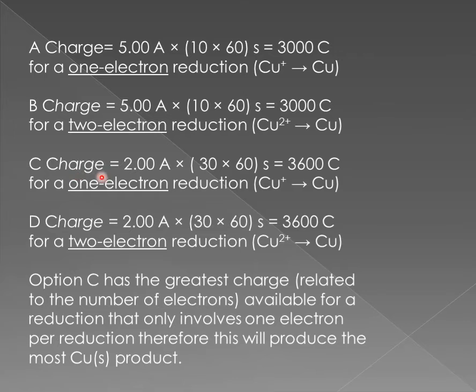And then if we use 2 ampere times 30 times 60 seconds, that is 3600 C for 1 electron, and the same amount for 2 electrons. So of course 3600 is higher than 3000, and 1 electron reduction gives more copper compared with 2 electrons. So the answer should be C.